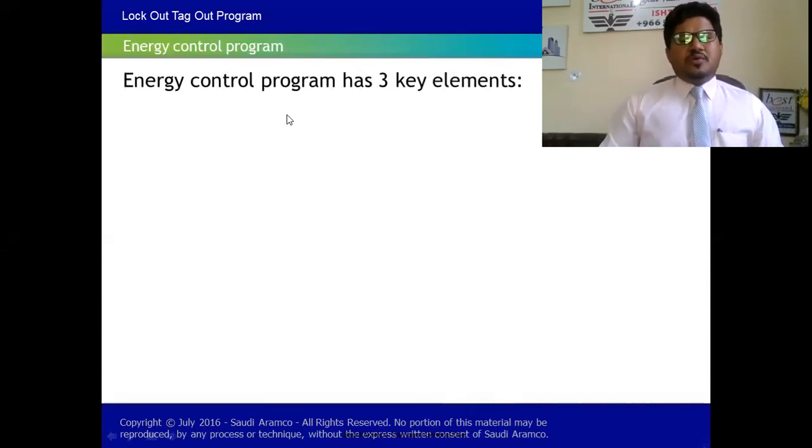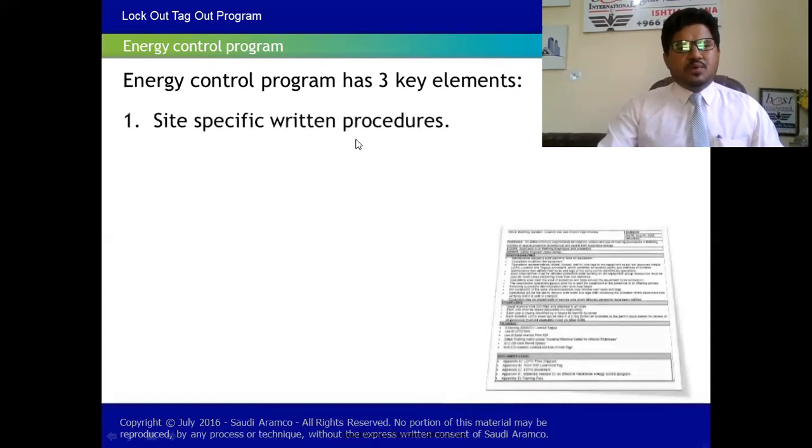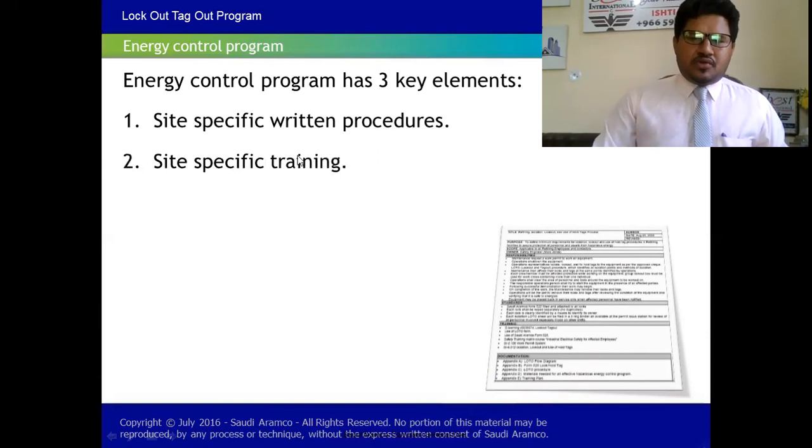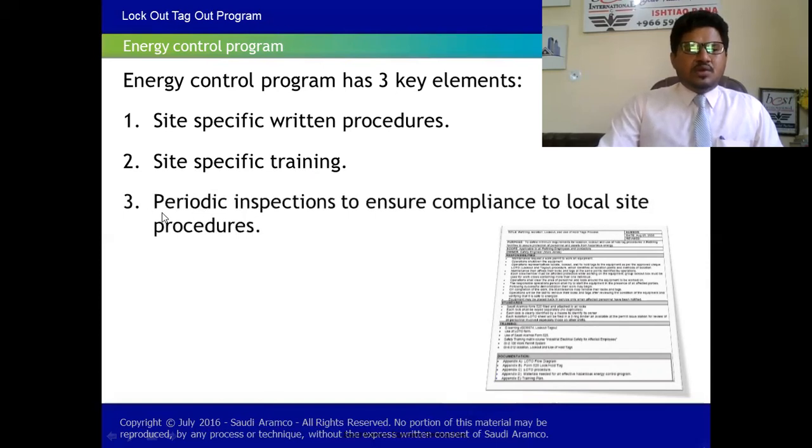So an energy control program, or most importantly any sort of program, must have a minimum of 3 elements. Number 1, there must be written procedures. Number 2, training, because procedures will not be beneficial until you train the relevant staff. And the third one is periodic inspection to ensure compliance with the local site procedures.